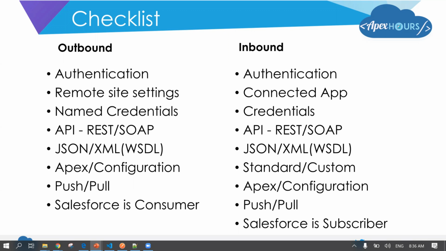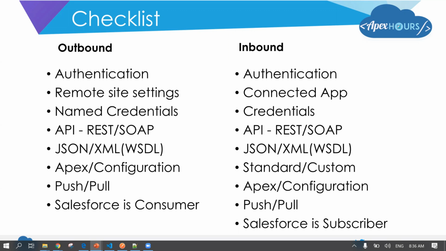If it's a POST request, we would need to send a JSON request, and the response would come again in JSON or XML. Do we need to use configuration, or do we need to use Apex? So if it's an outbound message, we would use configuration. If it's a custom call, then we would use Apex. So today we saw an Apex demo.